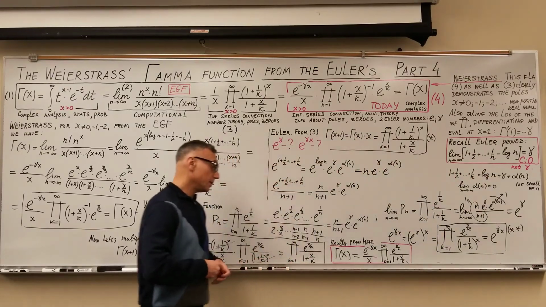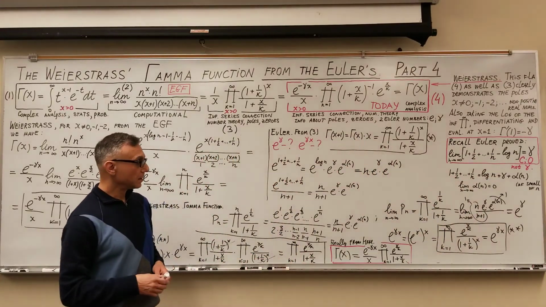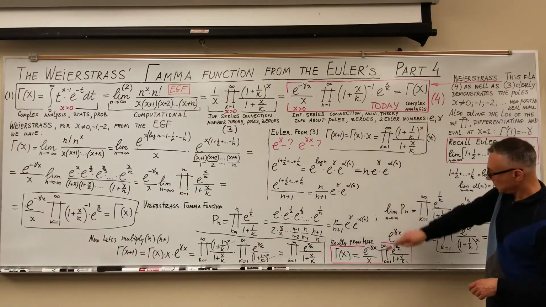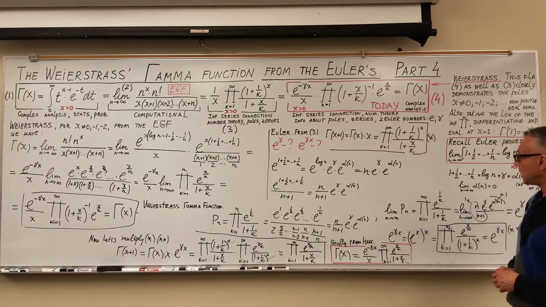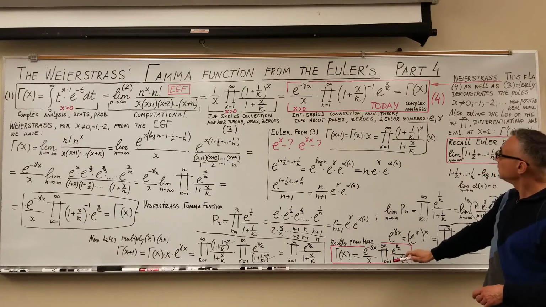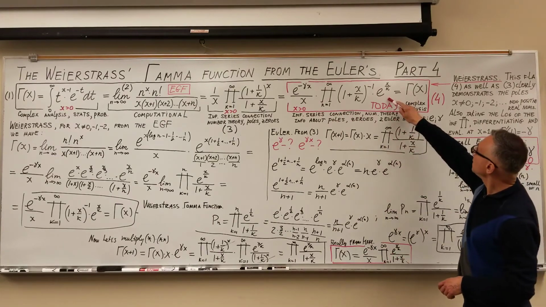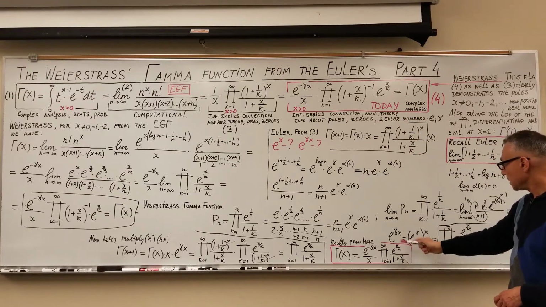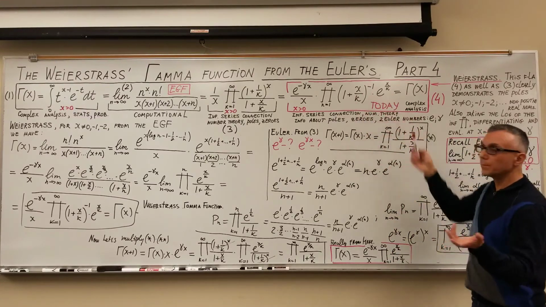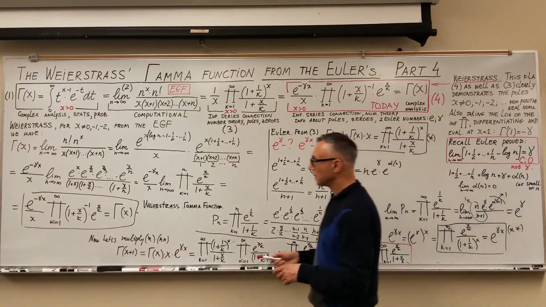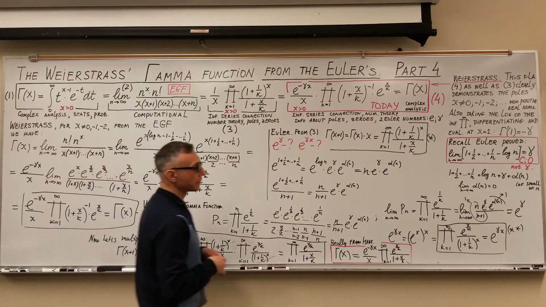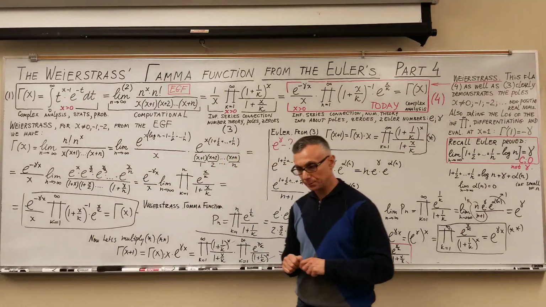It was derived in a more authentic Euler way. As you can see, it is just the Weierstrass version of the gamma function: e to the minus gamma x, times the infinite product of e to the x over k, divided by 1 plus x over k, which is the same as 1 plus x over k to the power of minus 1. I just showed you two ways of deriving the gamma function.